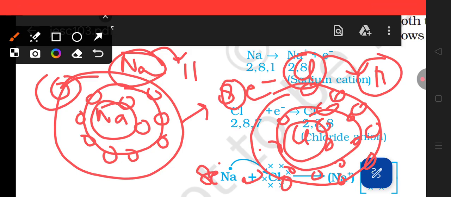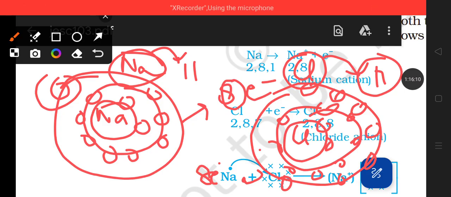So they attract each other. And what is salt? Salt is also an ionic compound only. It is formed of ions only. An ionic compound means the compound formed when one element wants an electron and the other element wants to lose an electron. So I hope you understood how sodium chloride is formed.